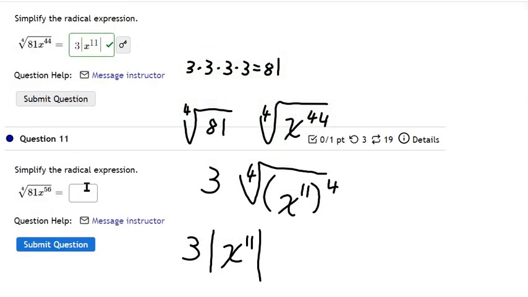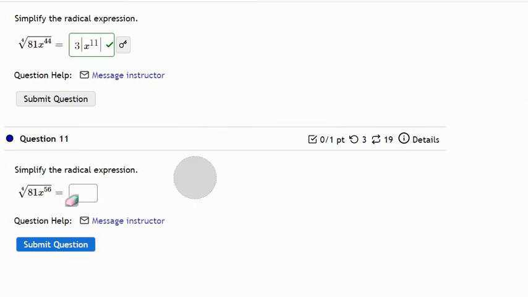All right, and then the last one here. Okay. So I have the 4th root of 81x to the 56. Well, we've already done the 81, so we know already that the 4th root of 81 is just 3.